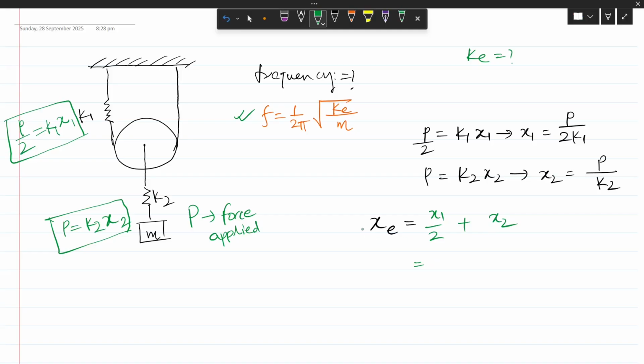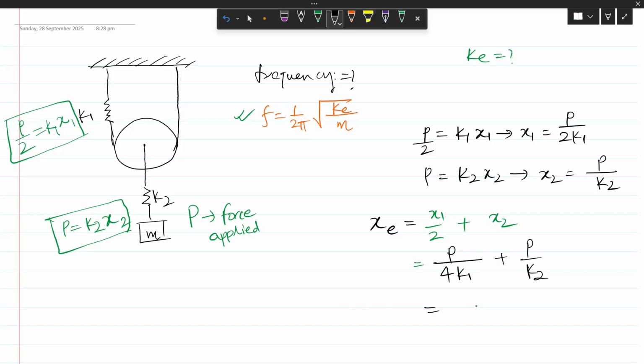This is the equivalent displacement. The value of x1 is P divided by 2k1, and multiplying by the 2, we get 4 into k1, plus x2, where x2 is P divided by k2.